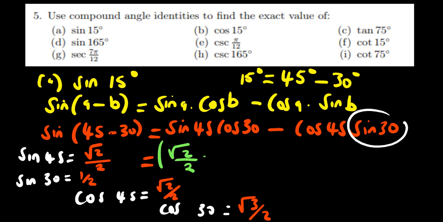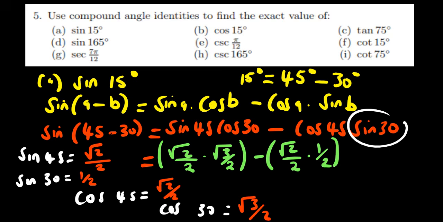Now cos 30, we've said it is root 3 over 2. Then minus, on the other side we've got cos 45. Cos 45 we said is root 2 over 2, or 1 over root 2. Then sine 30 is 1 over 2. Okay, then you just have to simplify this, then you're done.